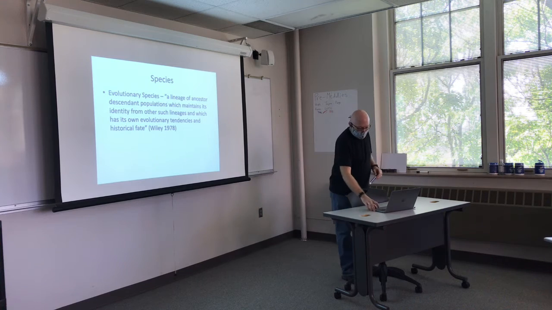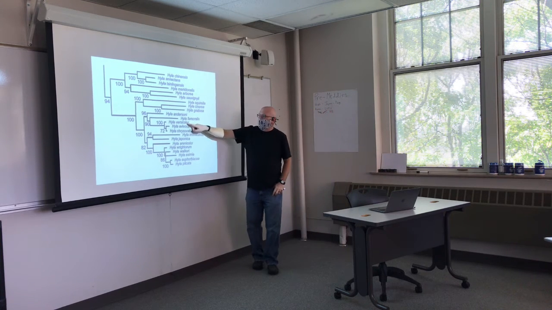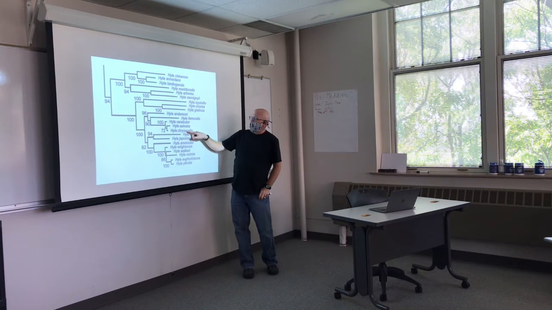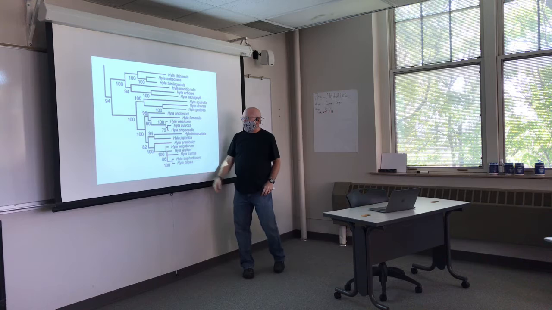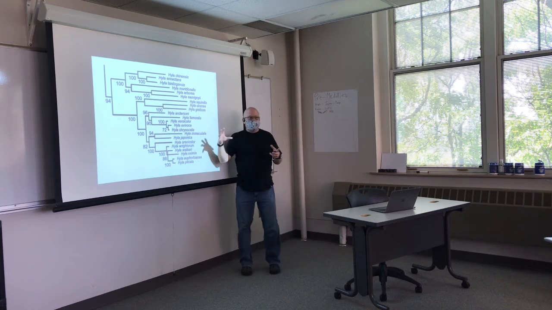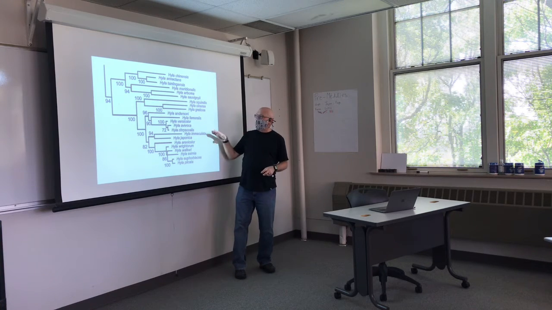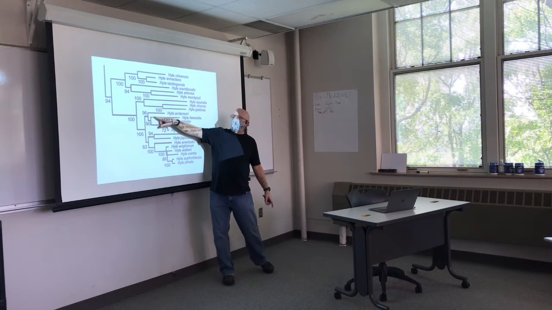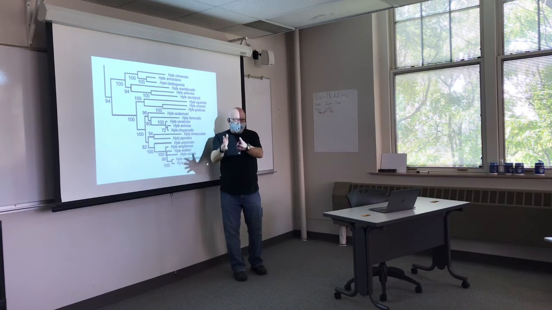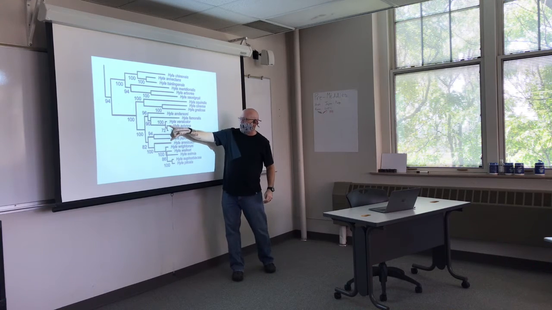And as you can see, Hyla versicolor is the tetraploid, Hyla chrysoscelis is the diploid, and Hyla chrysoscelis actually gave rise to Hyla avivica. And so the evolutionary species concept deals with phylogenies, deals with trees, and it basically says if you're on an independent evolutionary lineage, you are a species independent of other species that are on other lineages, on other evolutionary paths.